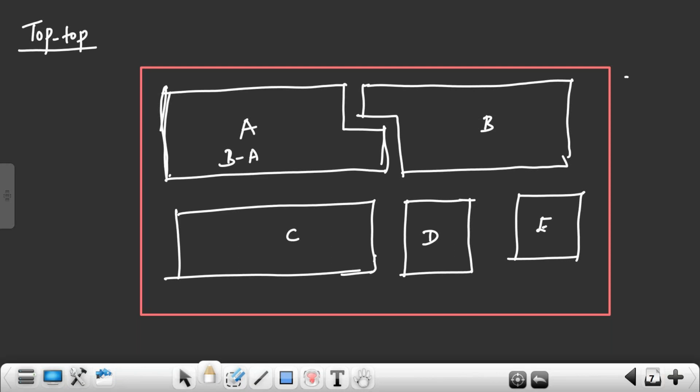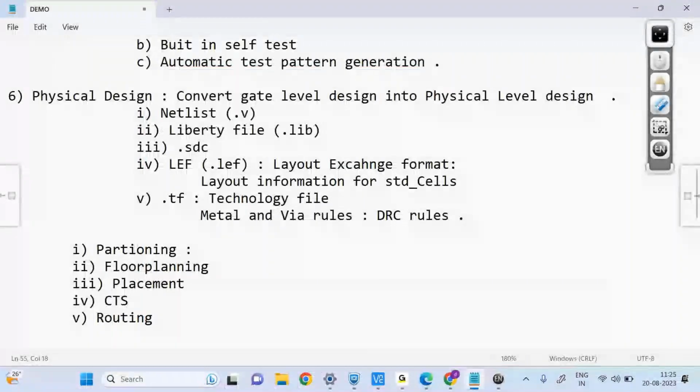So the first step is partition. Partition the full chip into different blocks. Why? Because the full chip has 10 lakh, 20 lakh gates. We cannot do physical design for that. Even my tool limit will be like 1 lakh or 1.5 lakh.